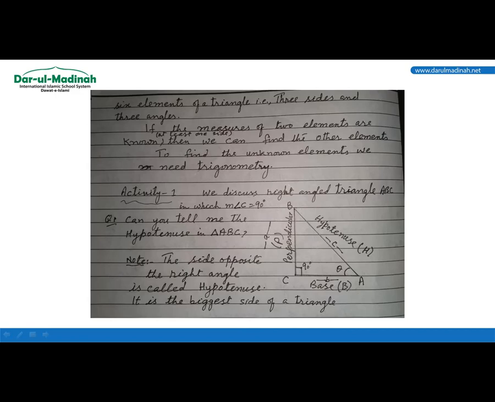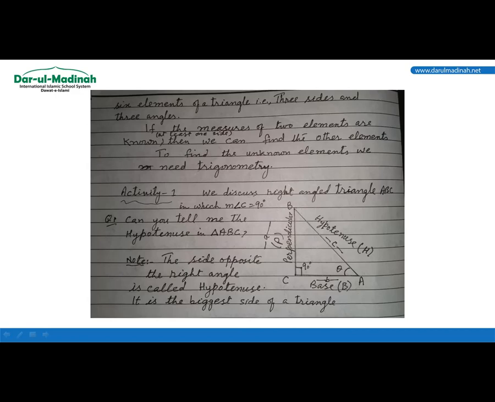Students, if we know the 2 sides, how can we find the third side? Because we have already discussed in geometry, yes, in Pythagoras Theorem.